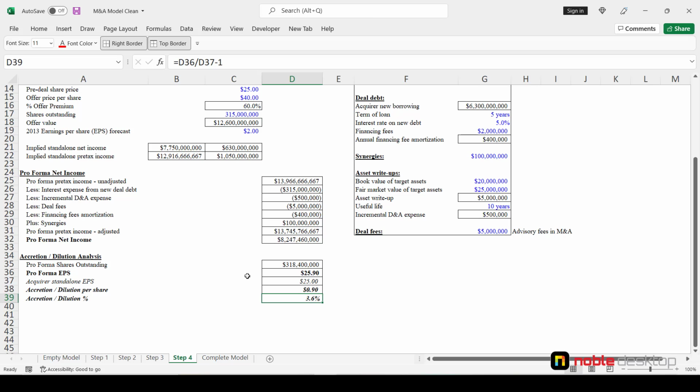If we see accretion happening, it means that the deal makes sense to perform because our EPS increases with this merger.